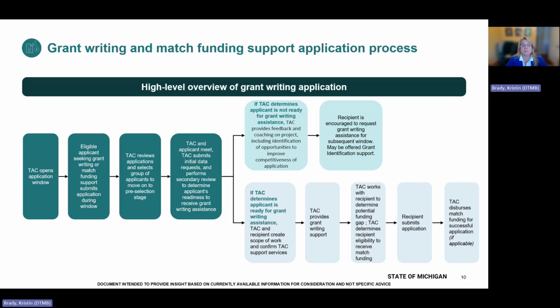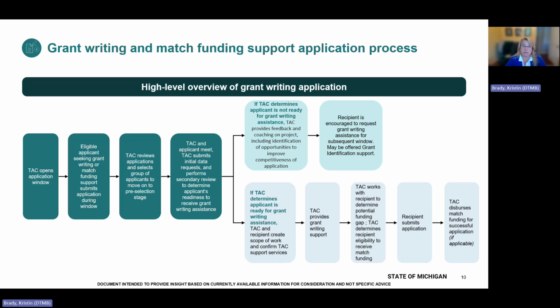And at the same time, if a match is requested, we will also request what we call a match gap worksheet to be completed, which will outline for us what your non-federal share is required, how much, and then what it is that you have already gotten committed locally to meet that, and then what is the gap of funding that you need.